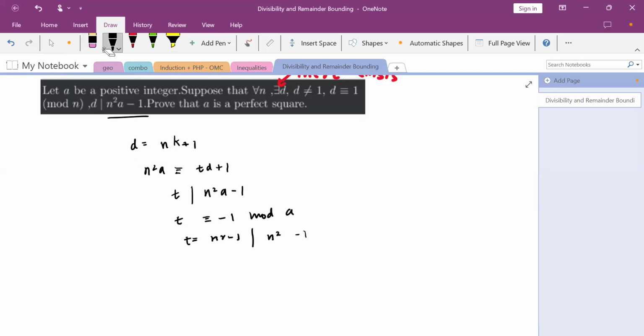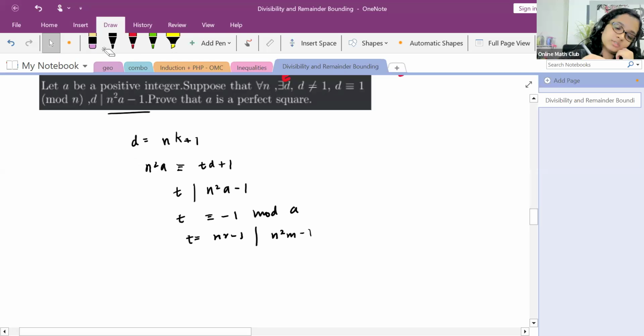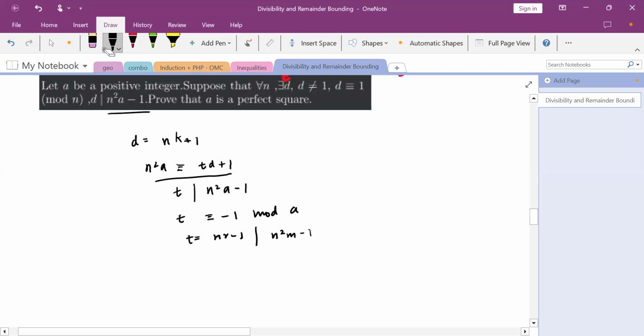Could you tell how we reached T is minus 1 mod A? Actually, I said not A, I said N there.